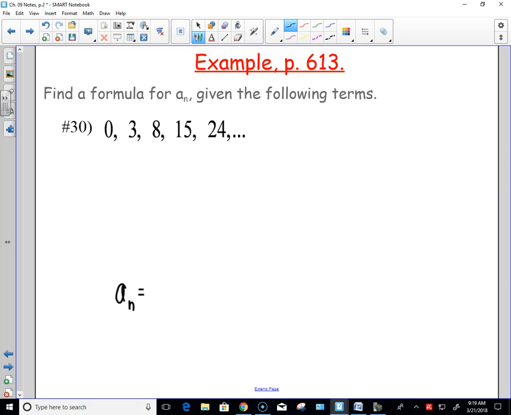Anybody have a pattern for me? Joel. Good. You're always adding by 2 more than the last. And if you guys notice it, you're always adding by what kind of number? Okay, so you're always adding by increasing odd numbers. That's the pattern.